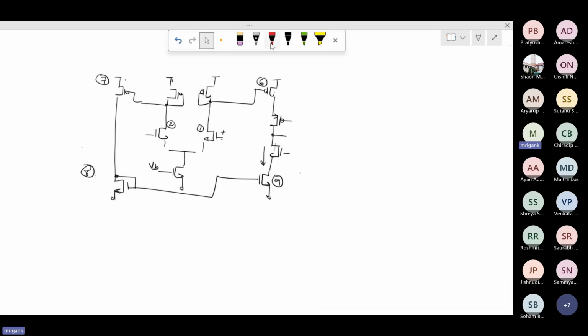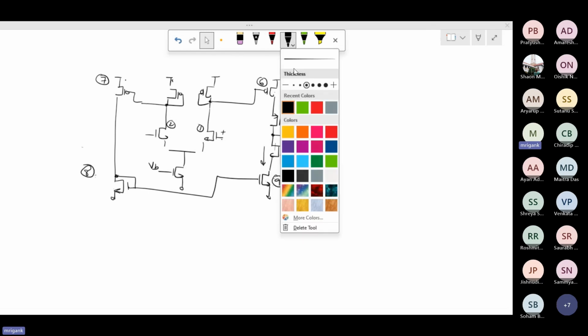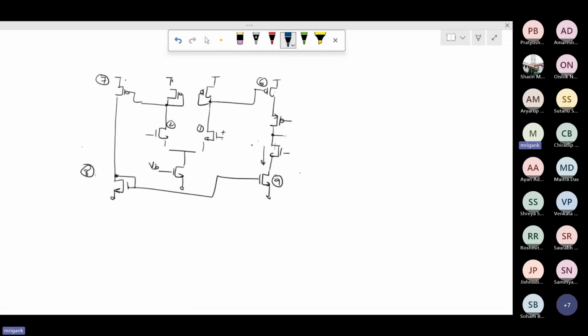Now, when you're talking about the feedback connection, how are we going to do it? Let me draw it using another color. So for my inverting amplifier, let me use blue and draw the resistors. How will it look?